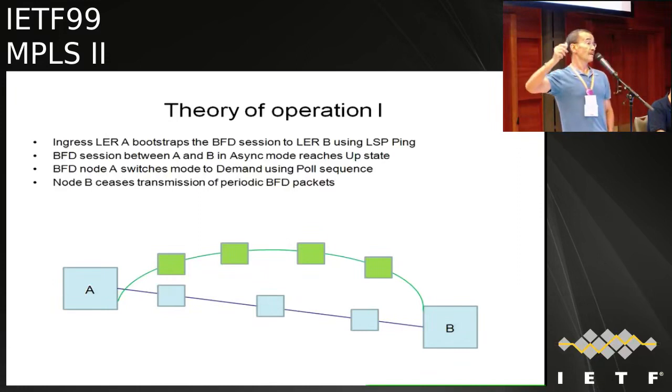So when the LSP is restored, it doesn't need to have a new LSP ping bootstrap. And it does it in asynchronous mode. Once the session goes up, again, node A may instruct node B to go in demand mode, and we have effectively the same thing.